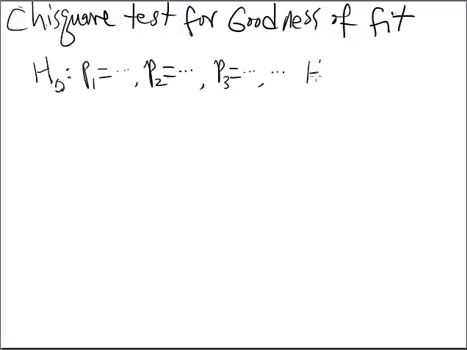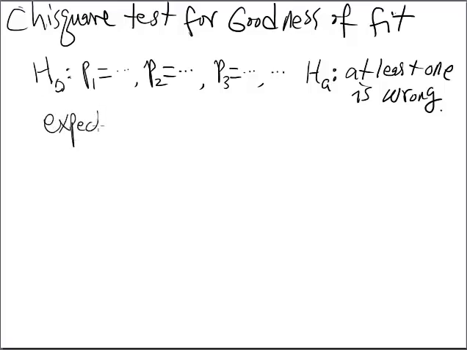And your HA usually is at least one is wrong. That means P1 is not equal to something, or P2 is not equal to something, and so on. So you have to calculate expected counts.